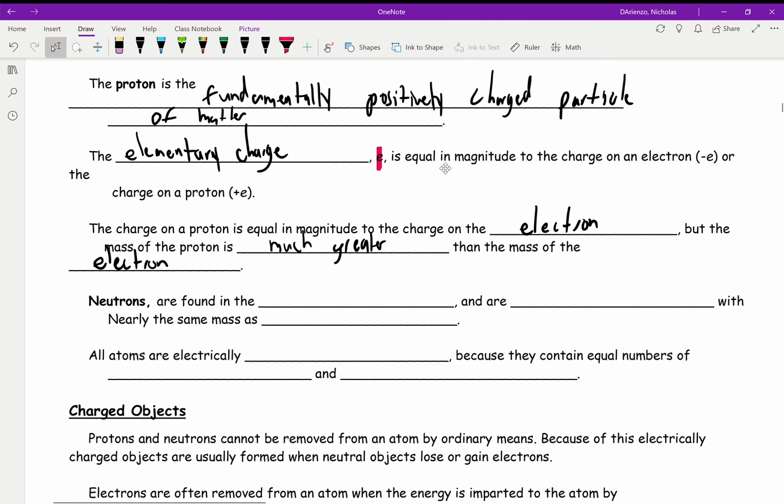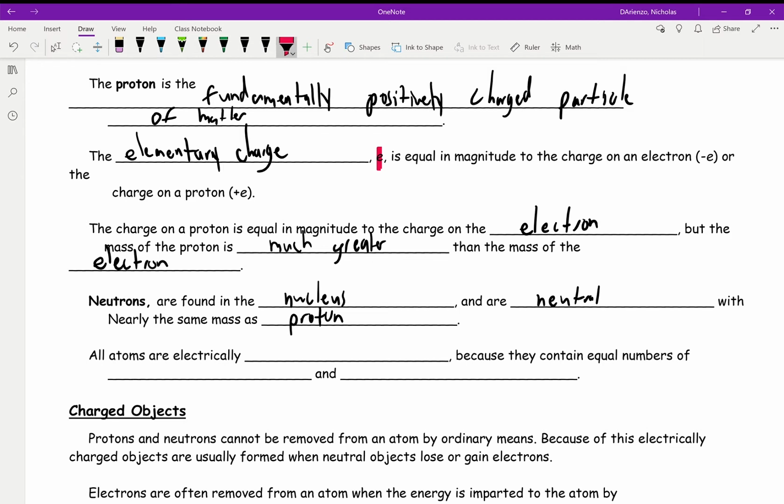Neutrons are similar to protons as they're found in the nucleus, but they do not have a charge, and they're about the same mass as a proton, slightly heavier in fact, although we tend to just treat them as equal masses.